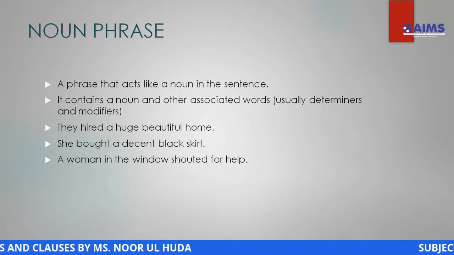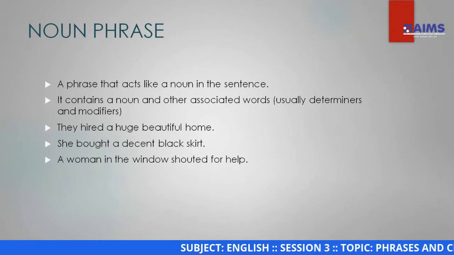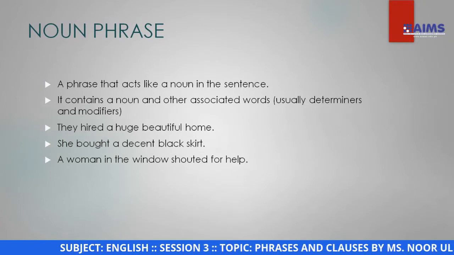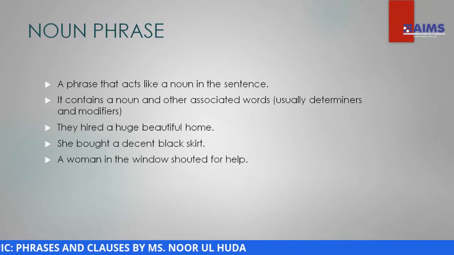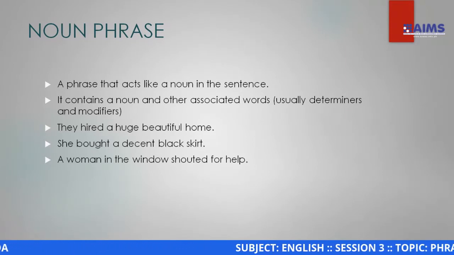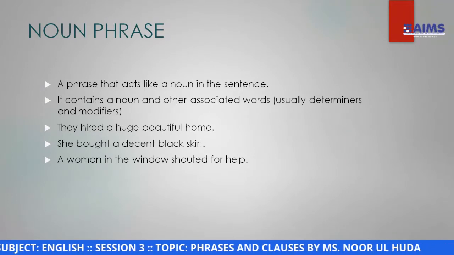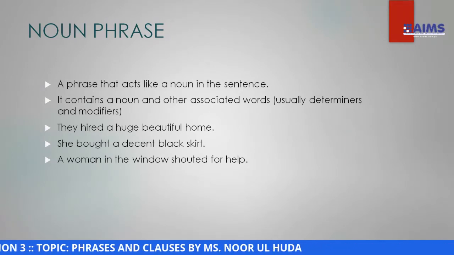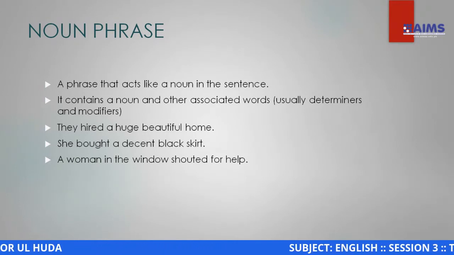If I say that she bought a skirt, the sentence remains the same and meaningful. But if I give additional information about the skirt, then it is called a noun phrase. Decent modifies the skirt, black modifies the skirt, and a also modifies skirt. So this combination of words is known as a noun phrase.